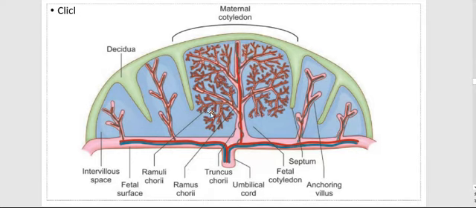Then it will give out very small branches, which will grow. These are called ramuli chorii. And then even further smaller branches are called floating villi. These ramifications are just to increase the surface area, to increase the contact with the maternal blood.